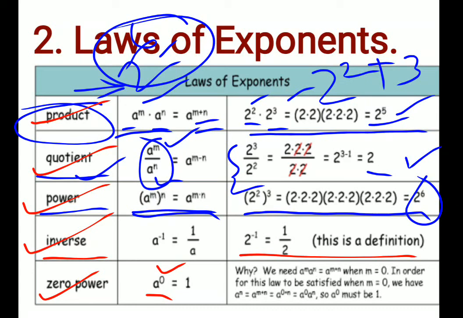So a to the power 0 means 1, big 1. Any natural number having an exponent 0 will be considered 1 only. So do not get confused. This is a very important thing.